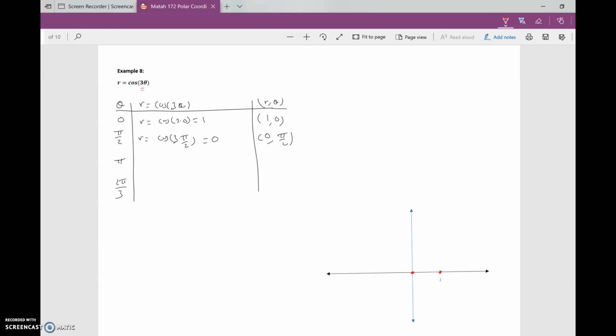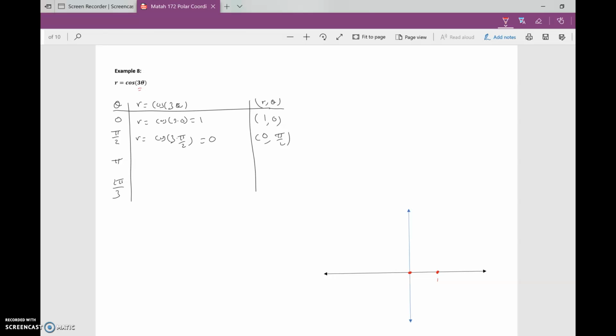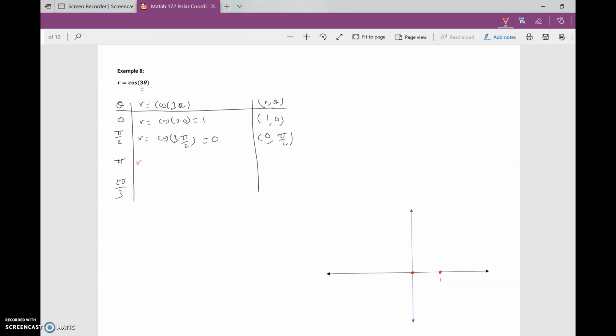Evaluate pi. And this will give us r is equal to cosine of 3 times pi, which I'm getting is -1. So we're looking at -1, angle of pi.